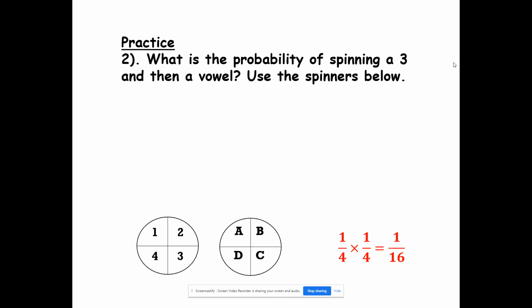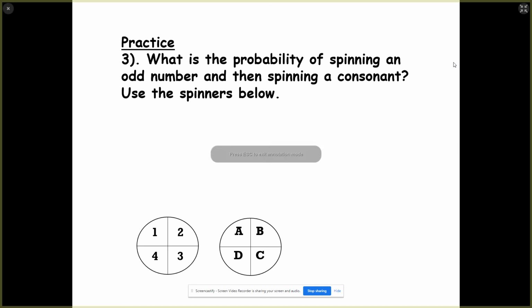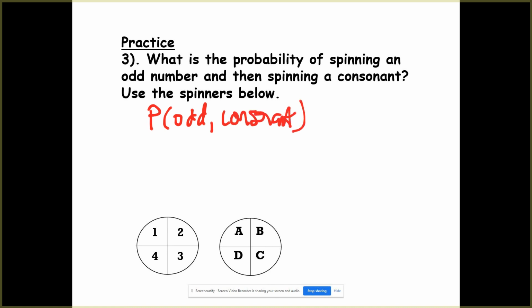And then the last one on your homework. What is the probability of spinning an odd number and then spinning a consonant? Again, you want to write it in probability format. So what's the probability of getting an odd number and then spinning a consonant? Okay. And yes, we have 2 different spinners. So what's the probability of getting odd on the first spinner?